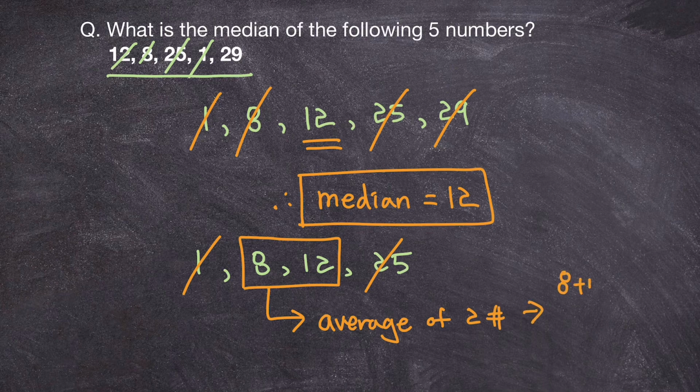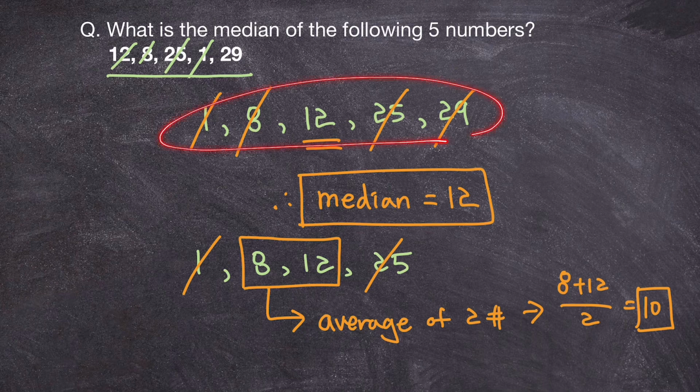So 8 plus 12 over 2 will be the median of these 4 numbers, and that'll equal to 20 over 2, or 10. So that's the way you figure out median for even number of values, and for odd number of values, you can just do crossing out method.